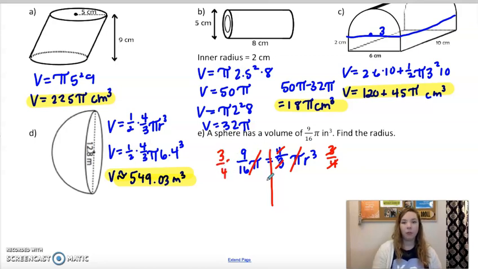So then we have 27 over 64 equals r to the 3rd power. And then we'll have to cube root to get rid of that exponent of 3. So the cube root of 27 is 3. The cube root of 64 is 4. So we have 3/4 inches for our final answer here.